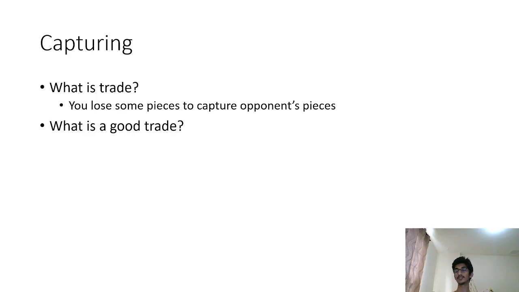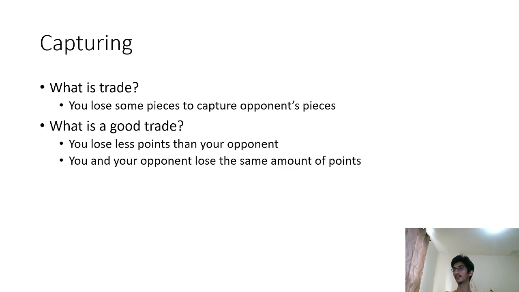So the example that I talked about, losing pawns and queens, is a way that you figure out if you're doing a good trade or not, right? To figure that out, use the points of the pieces that you lose and the points of the pieces that you get, and based on that you can figure out if it was a good trade or not.